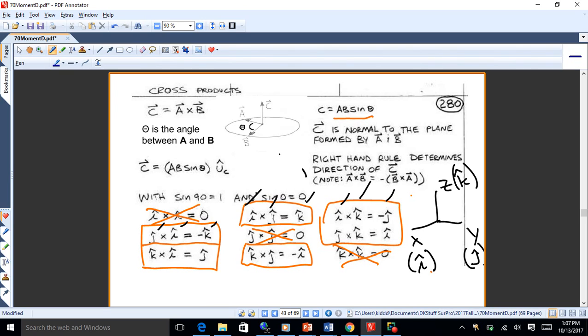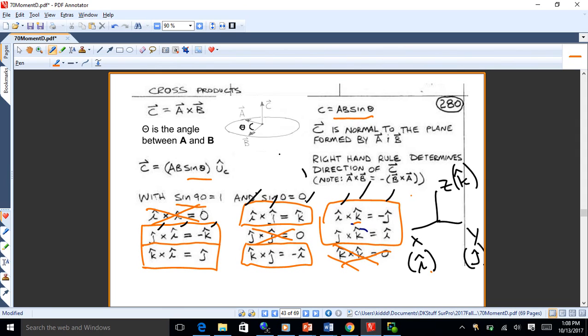Then we went through what happens when you cross unit vectors together. When you cross like unit vectors together, the angle between them is 0, and the sine of 0 is 0. So everything goes to 0. When you cross unlike unit vectors together, you have a 90-degree angle between them, and the sine of 90 is 1.